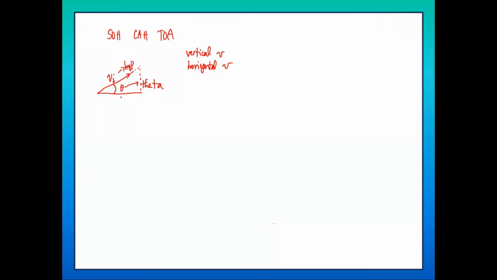Now, this leg, opposite of your angle, is the opposite side, and the other side is the adjacent side. So that's how we describe the sides of the right triangle. Now, the opposite side, since this is in vertical manner, yan ay yung magiging v sub iy natin. So that is your vertical velocity. This adjacent side is your v sub ix, your horizontal velocity.